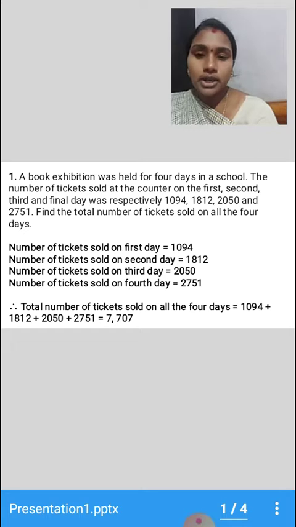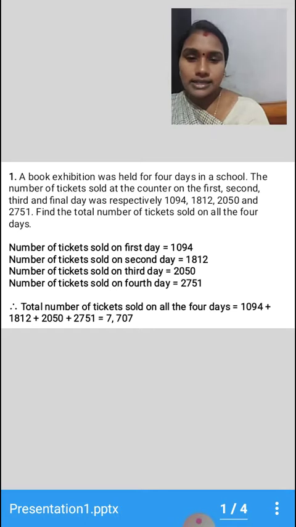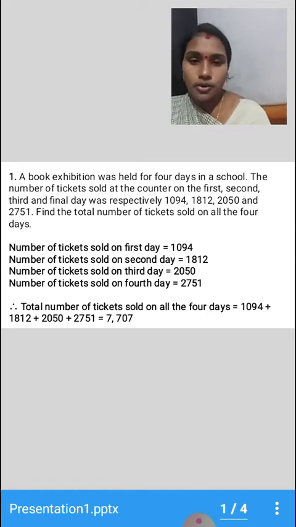The number of tickets sold at the counter on the first, second, third and final day was respectively 1094, 1812, 2050 and 2751. Find the total number of tickets sold on all the 4 days.